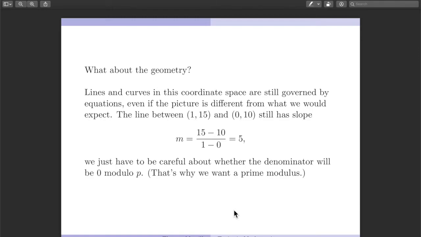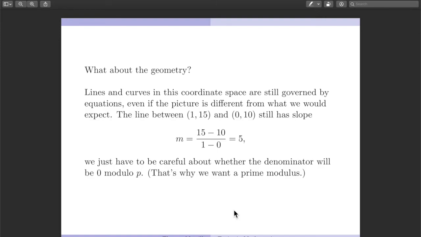Well, I can still talk about lines and curves belonging to this coordinate space as being the solutions of certain equations. So I can still set up an equation that says y equals mx plus b, and I'll still call that a line. So just like in the ordinary, say Calc 1 sense, I want to find the equation for a line.